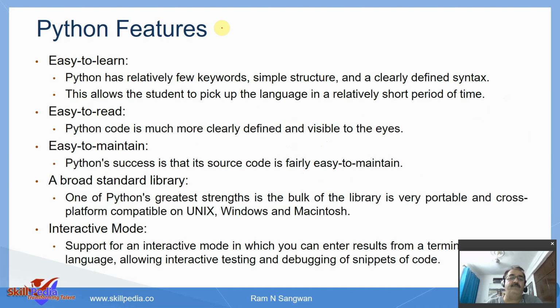The features of Python: easy to learn. Relatively few keywords. Keywords are basically the words which the language recognizes and acts upon, which you cannot use for your own identifiers, for your own variables. Simple structures like conditional execution of statements, repetition structures, variables, data types, and a very well defined, clear syntax.